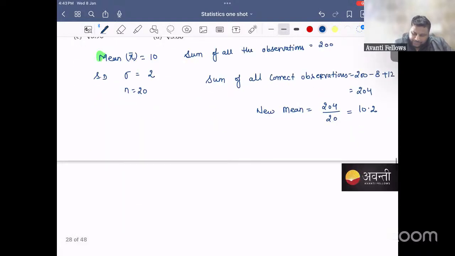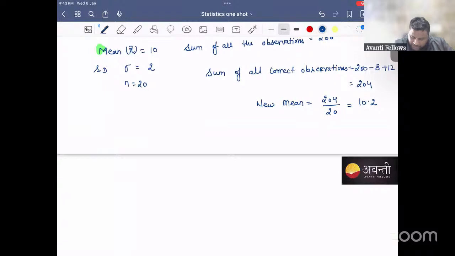Now, standard deviation was initially 2. So sigma xi square upon 20, mean of squares, minus the square of the mean. The initial mean was 10, and the square root of this is given as 2.